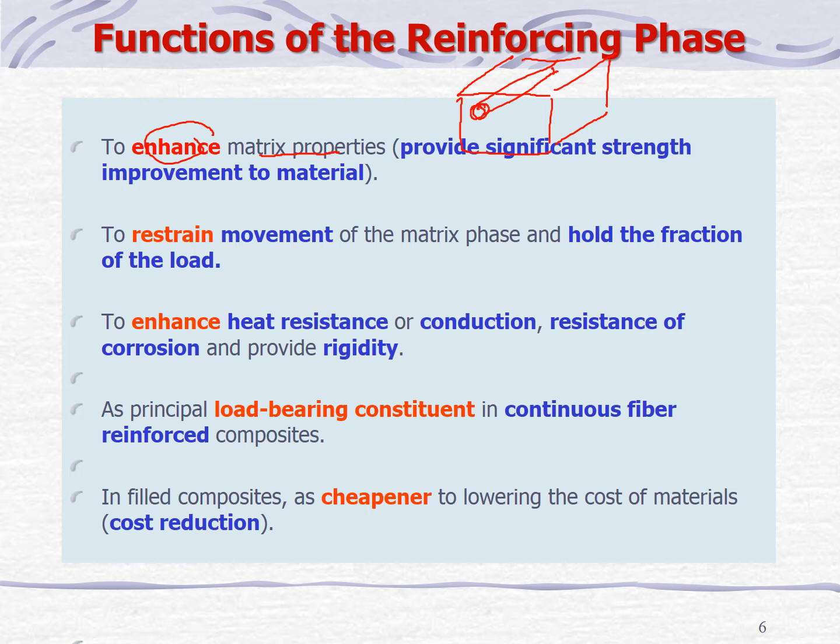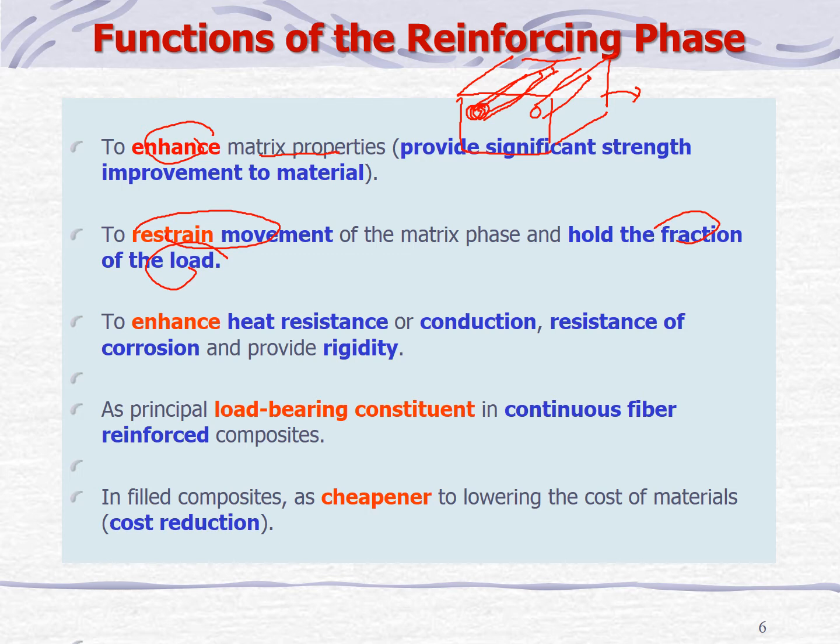For example, if we have a polymer, at the beginning of the process we have only polymer, so by adding this reinforcement, it will enhance the polymer or matrix properties.